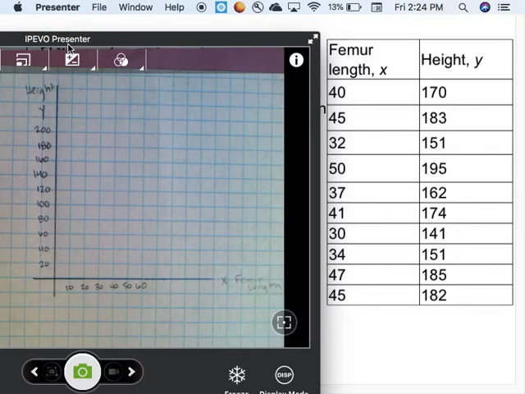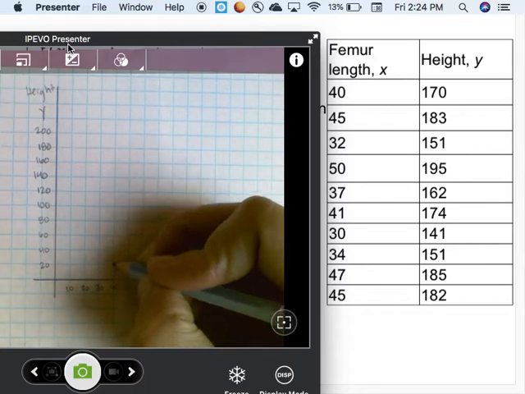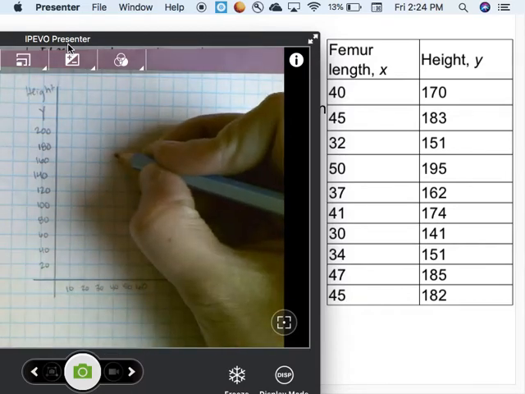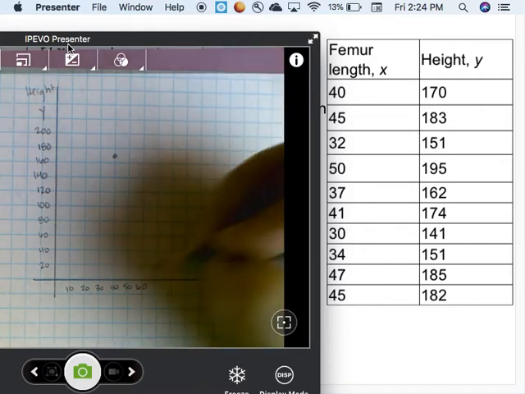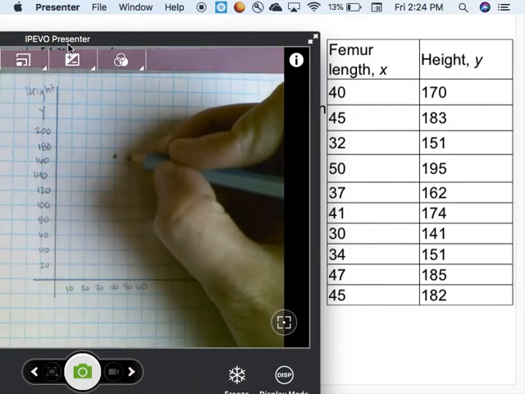Now plot your points. So the first one is 40, 170. And 45, 183.